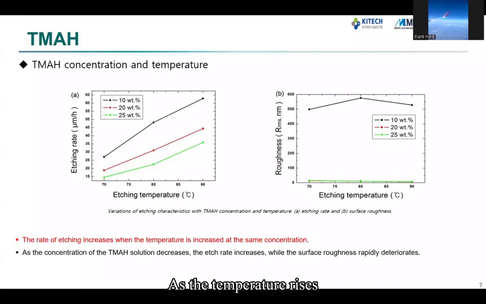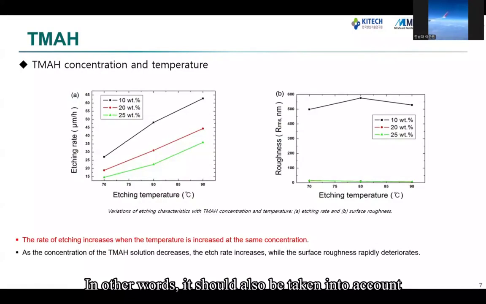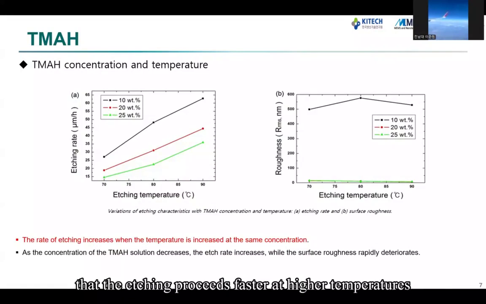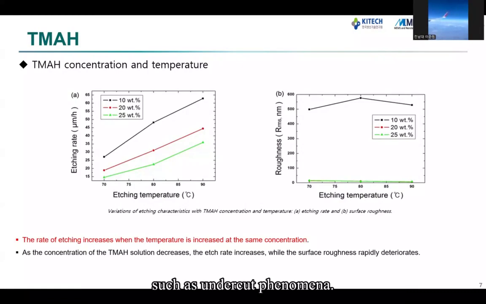As the temperature rises, the etch rate increases even at the same concentration. In other words, it should also be taken into account that the etching proceeds faster at higher temperature, which can result in poor surface quality for reasons such as undercut phenomena.